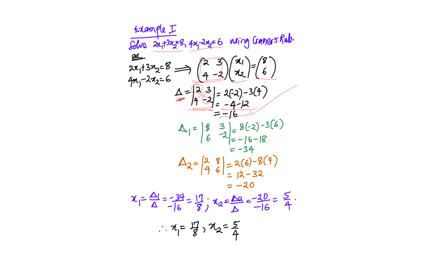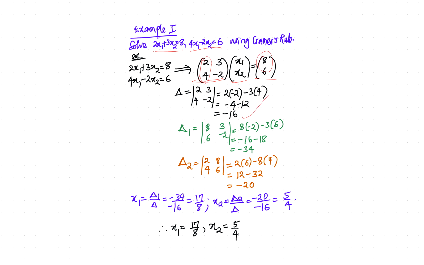So that's the first determinant obtained. The next thing to do is replace the column of the values of variable x1. Variable x1 is in the first column, so we find the next determinant by replacing that column with the right-hand side, 8, 6.